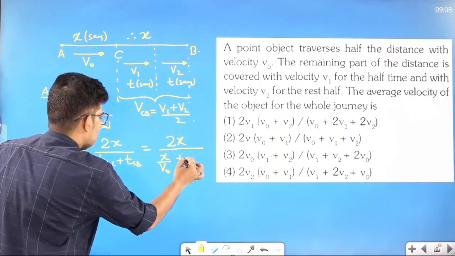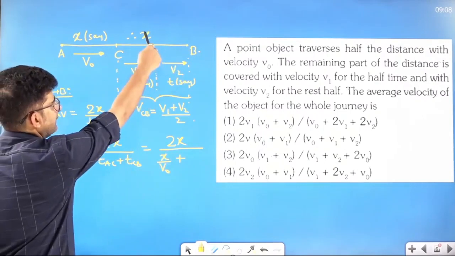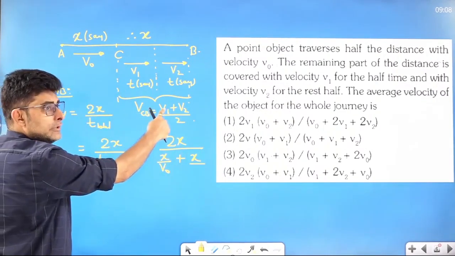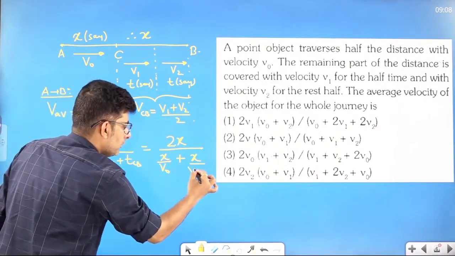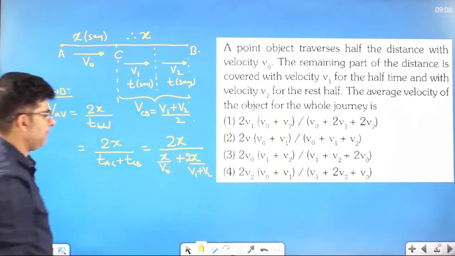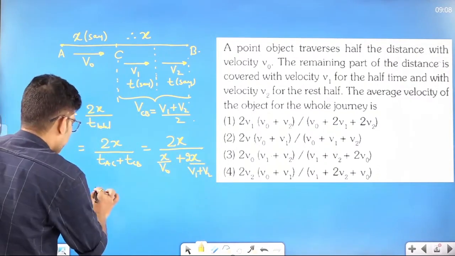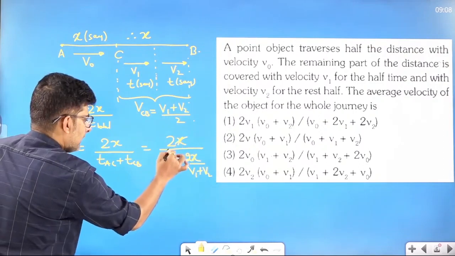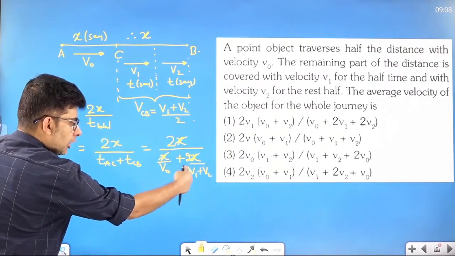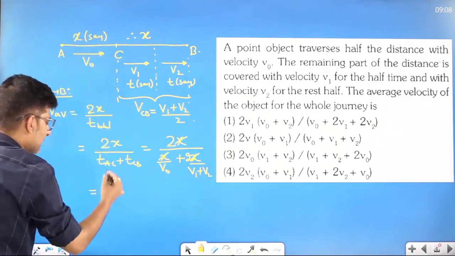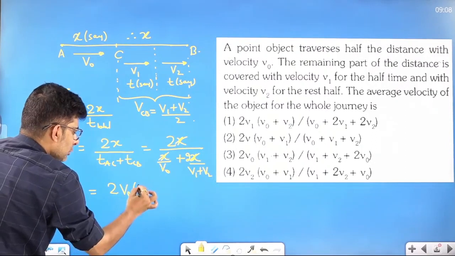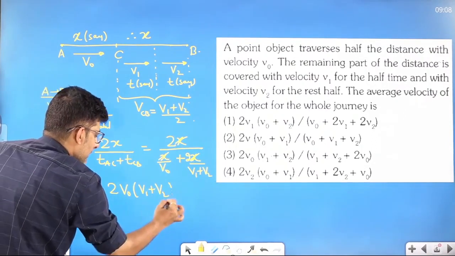And the time from C to B, the distance is x and the speed from C to B is v1 plus v2 by 2. So it will become v1 plus v2 by 2, 2 will go up. Now x will cancel, take the LCM, v0 into v1 plus v2 upwards. 2 is already there, v0 into v1 plus v2 will go up.